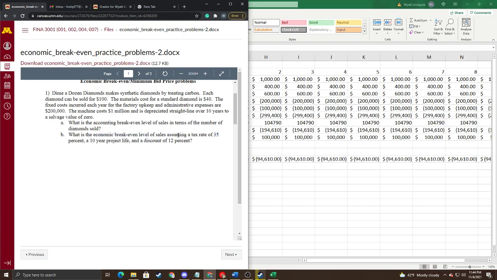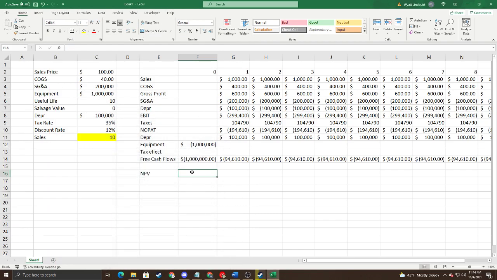Essentially, the economic break-even level means at what level of sales will we make 0 economic profit? Will we only make as much money as we put into the project if you account for the discount rate?